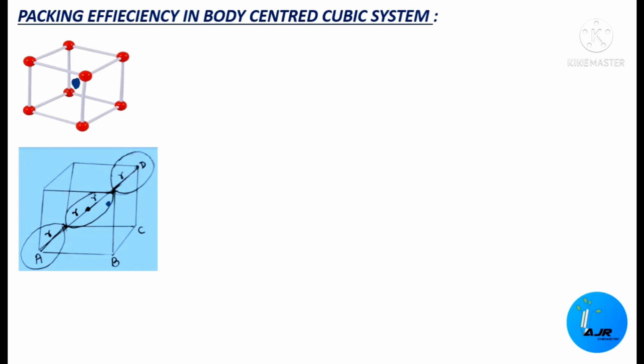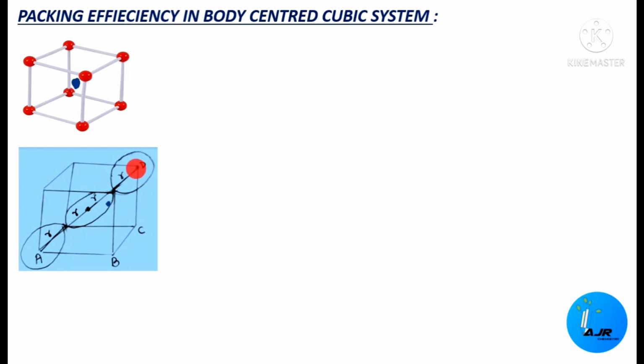Now we can see the schematic representation. See, this is the corner atom, this is another corner atom, and you can see an atom in the middle. This corner atom will be touching the atom in the middle, and this corner atom will also be touching it. That is the body-centered atom.